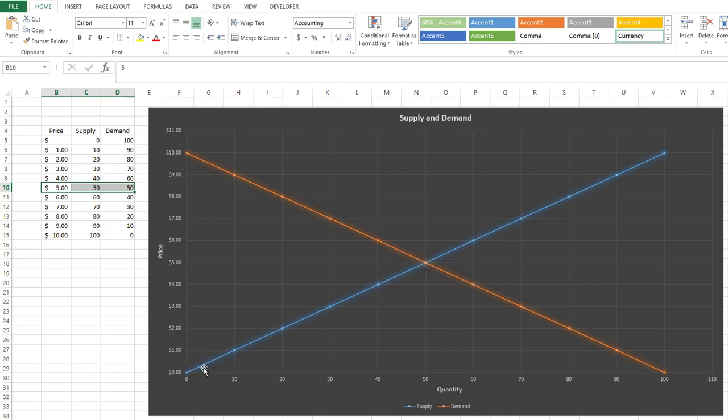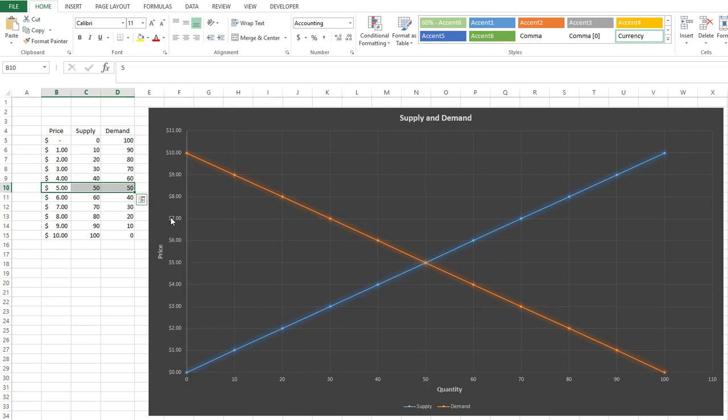And so supply is just this curve, this line. This is the supply curve for the market. This means that at $1 per burger, the restaurant owner is willing to supply 10 burgers.